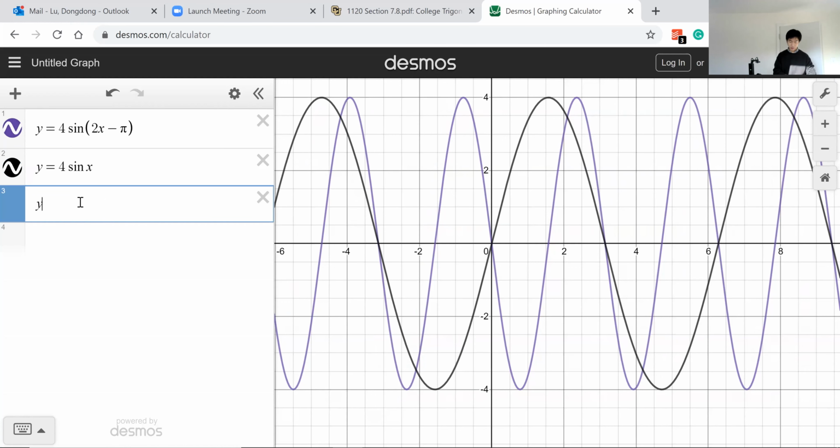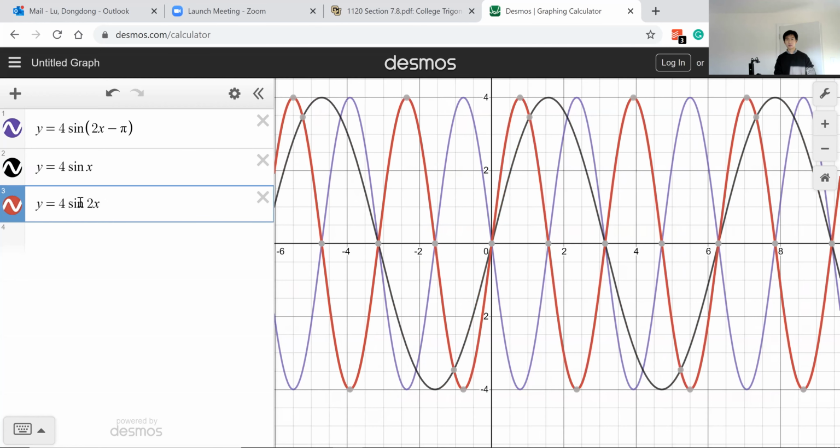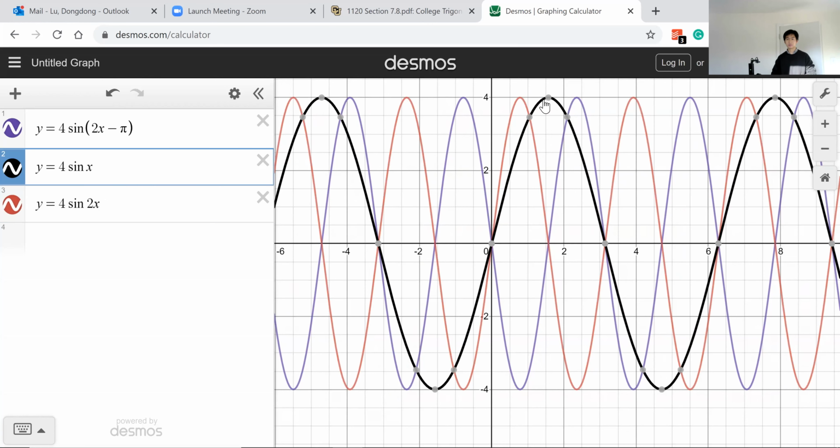Let's create a new function to make it more similar to our destination. This time we're not creating sine x, we're creating sine 2x. The graph looks messed up. We have so many pictures. So the black line is our previous drawing.